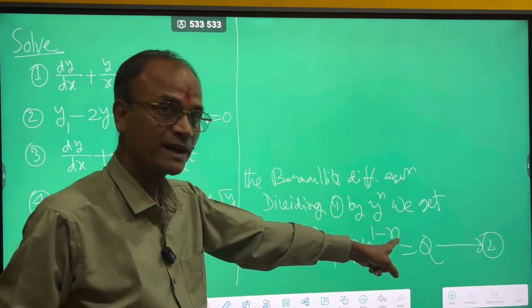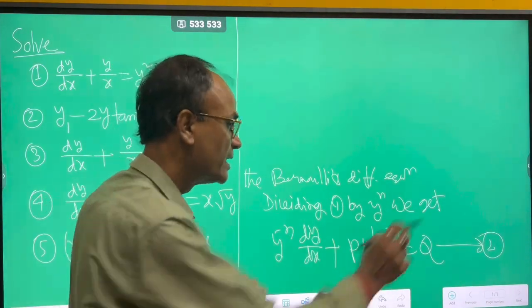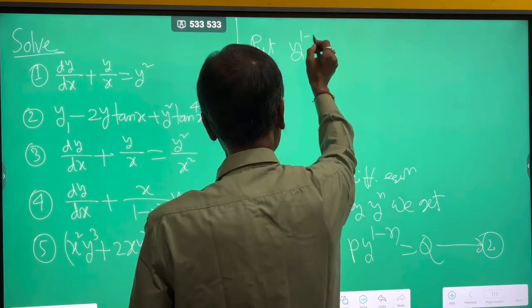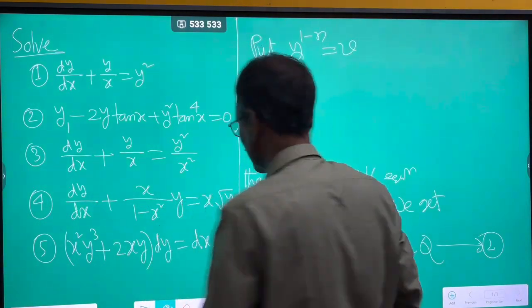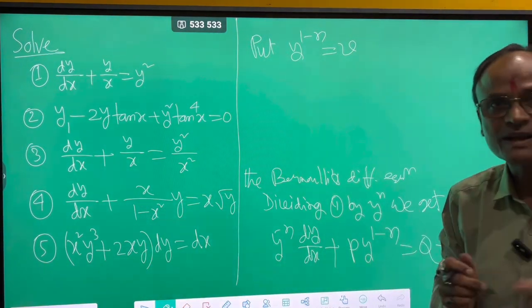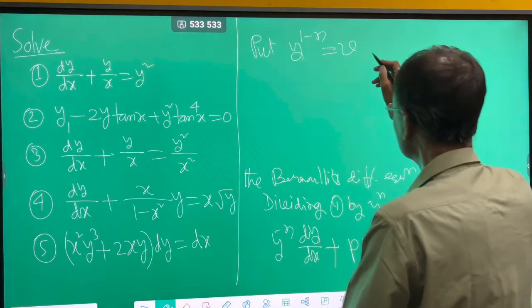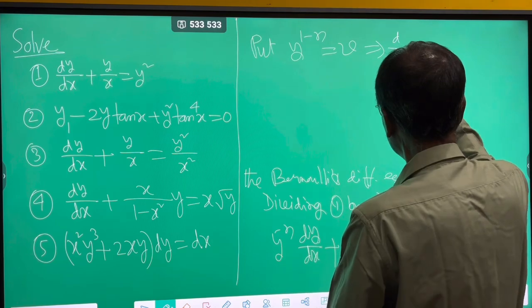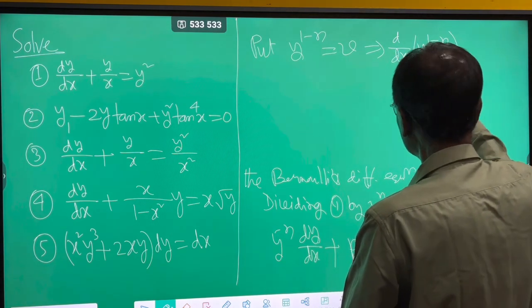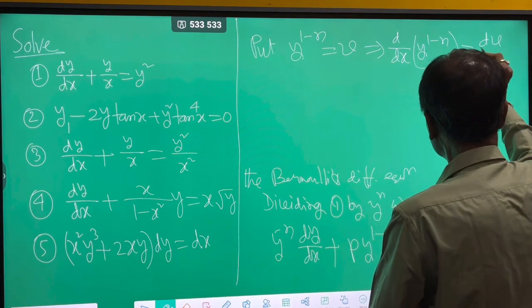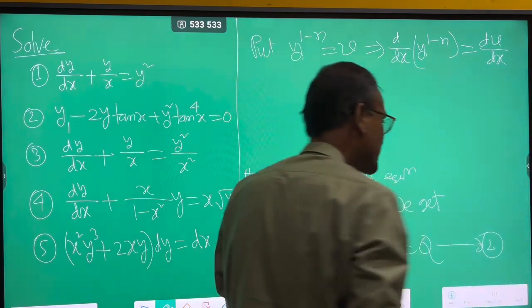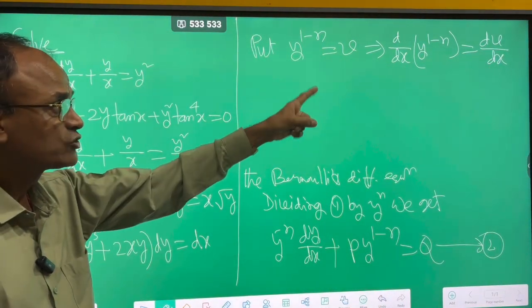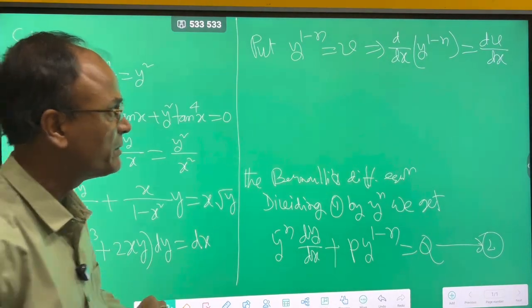Now put y to the power 1 minus n equal to v. This means d dx of y to the power 1 minus n equals dv by dx.